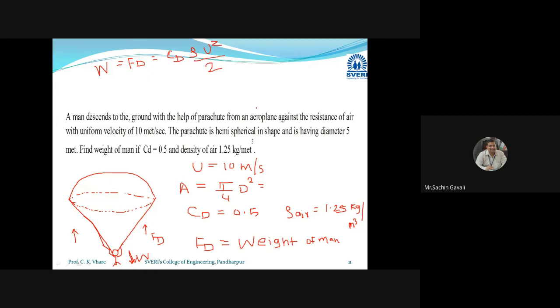I request everybody to tell me the calculations. Understood the concept? This is the last numerical of this chapter, so after solving it we'll declare that chapter number 5 is also over.